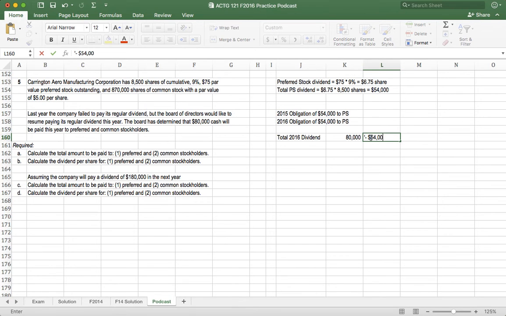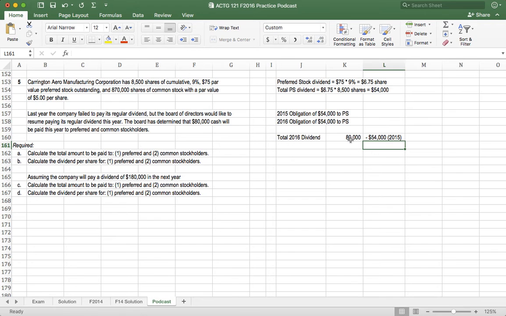So $54,000 for 2015. So once they pay that, $80,000 less the $54,000, which represents the 2015. And again, you can probably hear me using my calculator, only because I'm just as fast with this as I am with my computer. So that means the amount they have remaining is $26,000, which is a portion of the 2016 obligation.